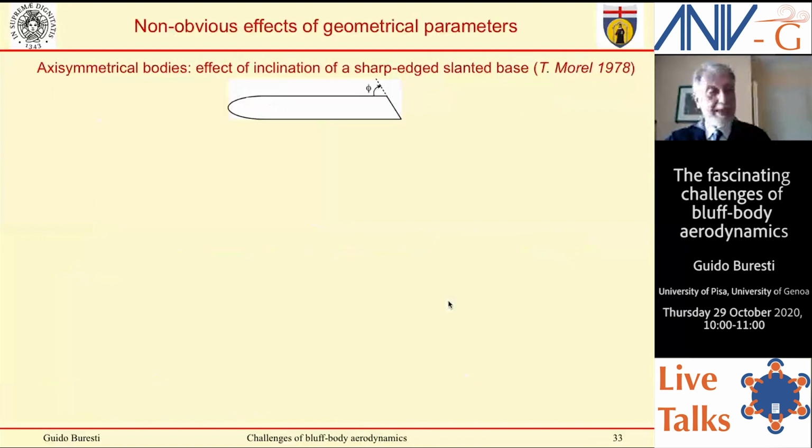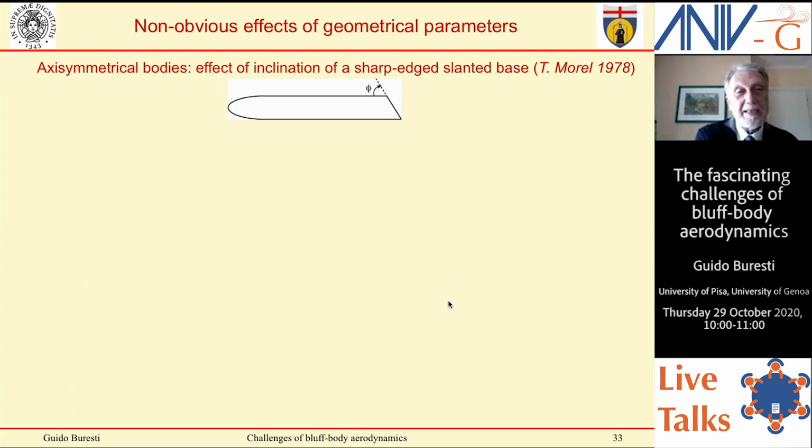Now, I change subject again, and I want to show you a few what I call non-obvious effects of the change of geometrical parameters. These are, again, very famous cases. One is the wind tunnel test carried out by Morel in '78.